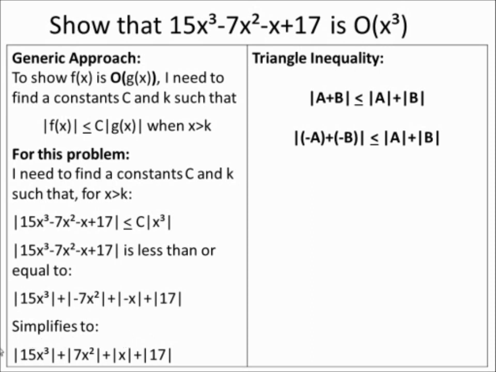Now I'm going to show that this is less than or equal to c times the absolute value of x cubed. And that's fine because the triangle inequality tells me that this is less than or equal to this. So if this is less than or equal to this, and this is less than or equal to this, then you have that this is less than or equal to this.